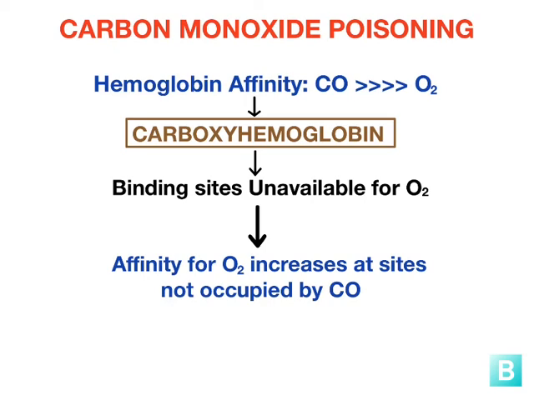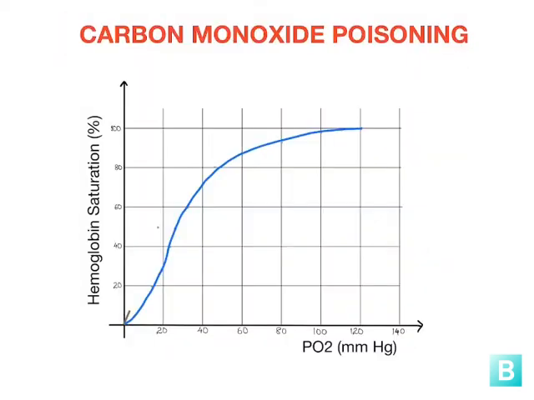Hence, the affinity for oxygen increases at sites not occupied by carbon monoxide. The curve will now flatten out depending on how saturated hemoglobin is with carbon monoxide. For example, if hemoglobin is 50% saturated with carbon monoxide, it will flatten out after reaching 50%.